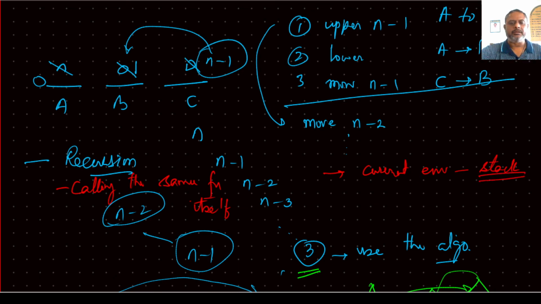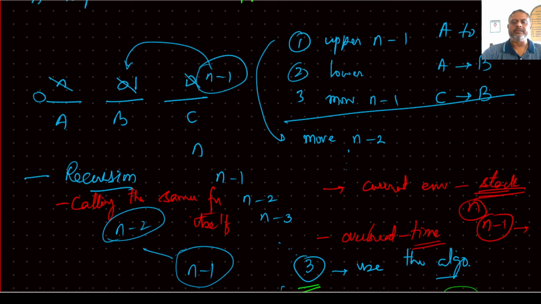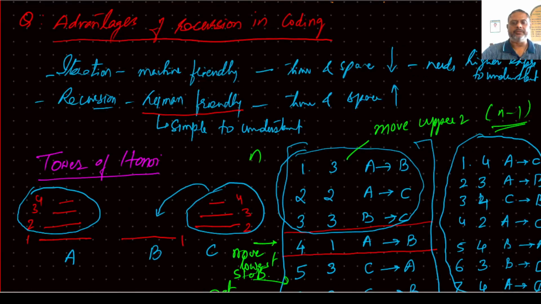So we need stack for every call. If there are n data, then there will be n minus 1 such calls. So n minus 1 stack arrangements are required. Second thing is calling the function, getting back the result, calling the function, getting back the result is definitely an overhead as far as the time is concerned. So there is overhead in space, there is overhead in time, and hence it's a costly affair in terms of space and time.